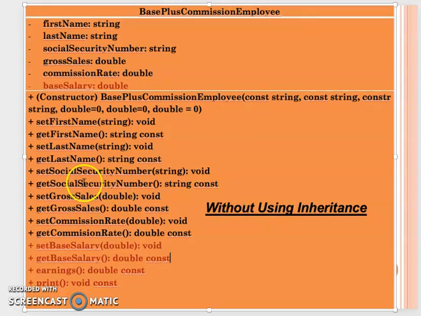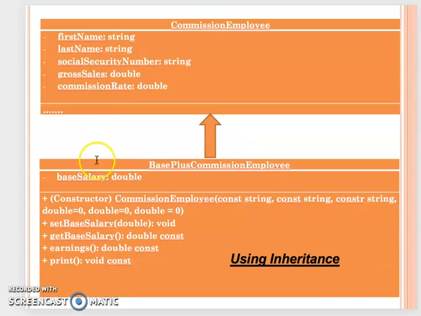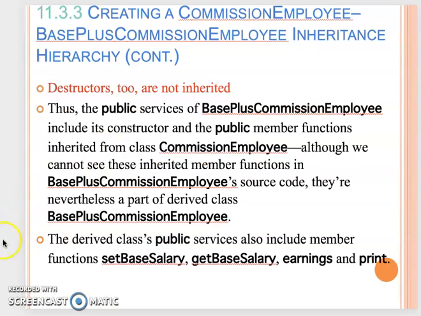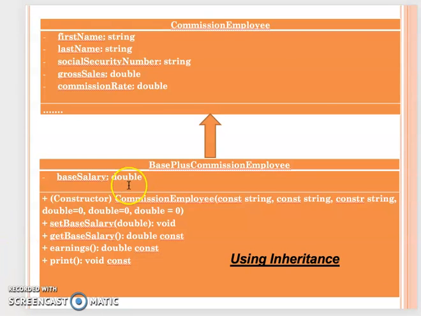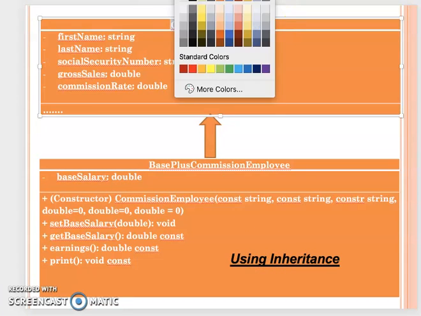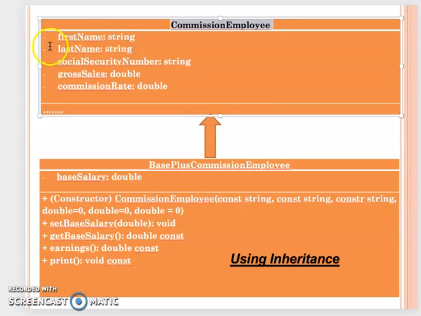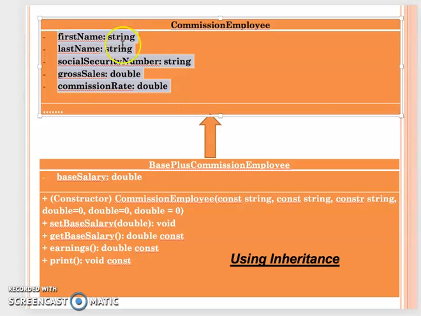But now, if we have the inheritance relationship, how will that affect our commission employee? Okay, so you will see here, with this inheritance relationship, like we showed you earlier, your commission employee has all the information we define here.